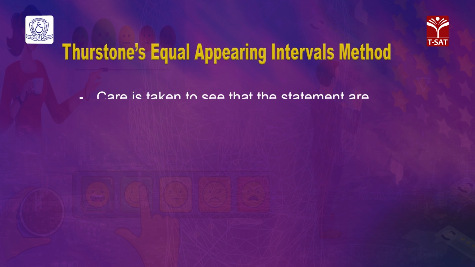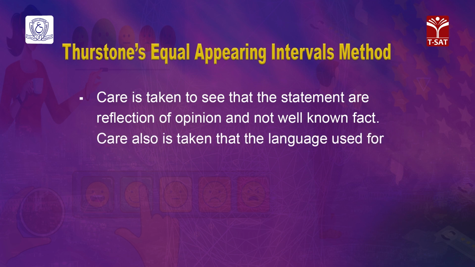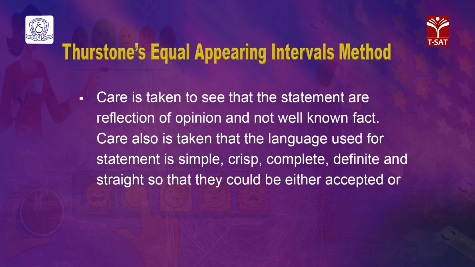Then care is taken to see that the statements are reflections of opinions and not well known facts. Care is also taken that the language used for statements is simple, crisp, complete, definite and straight, so that they could be either accepted or rejected.